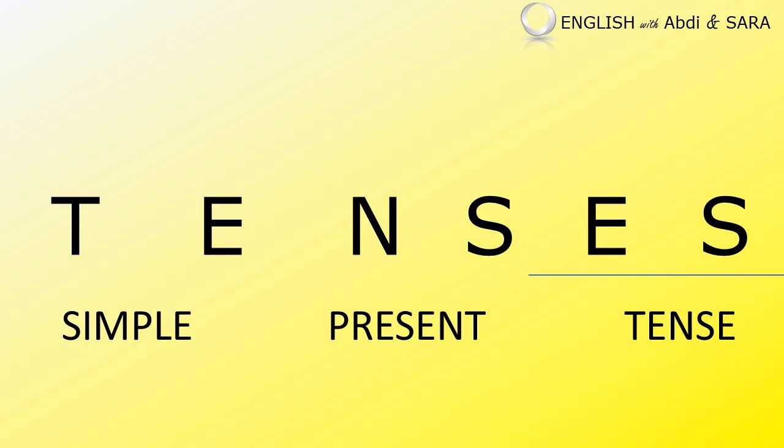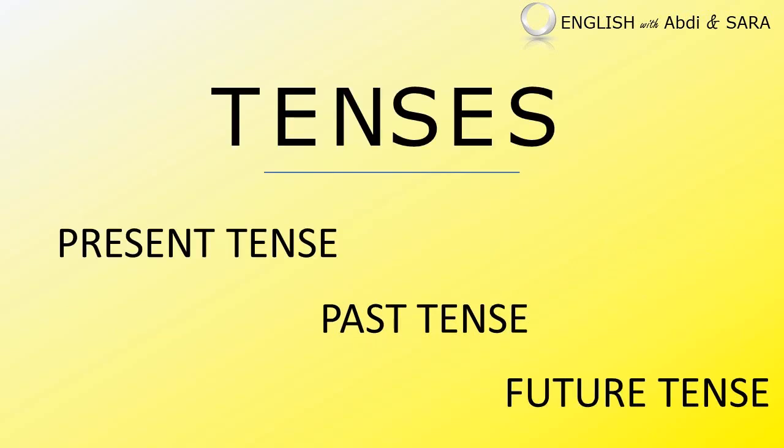I am Sara. In this video, we will discuss tenses. Now, tenses mean time. Some actions can be done yesterday, which means the time is in the past. These kind of actions, we call them past tense actions.